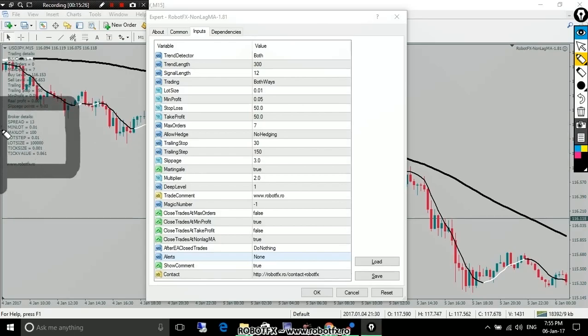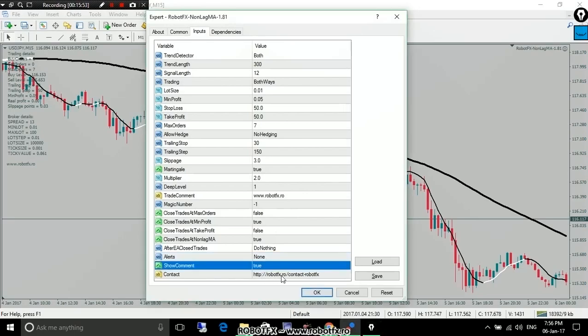You have the spread, the minimum lot allowed, the maximum lot allowed to trade, lot size, tick size, and so on. This is useful information. Maybe you want to trade a lot size that is not allowed by your broker. You will see it here. Can I trade it or not? Does it divide by the lot step or not? And you'll know why you can or you cannot trade.